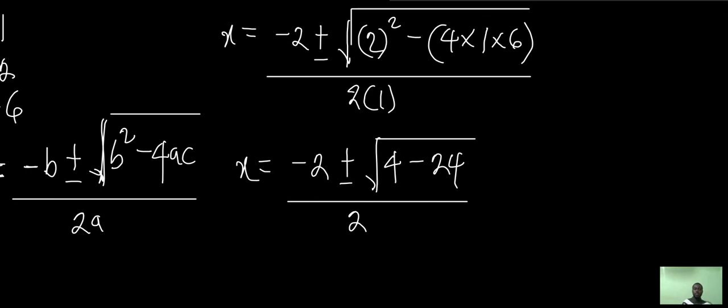So from there we have x equals negative 2 plus or minus square root of negative 20.